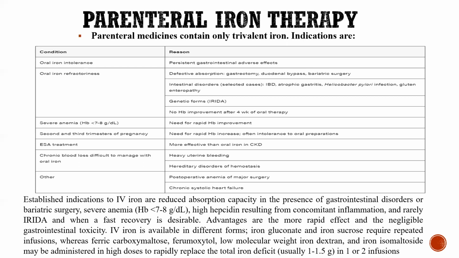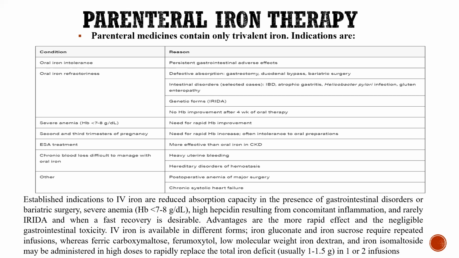Established indications for intravenous iron are reduced absorption capacity in the presence of gastrointestinal disorders and bariatric surgery, severe anemia, high hepcidin resulting from concomitant inflammation, and when a fast recovery is desirable. The advantages are more rapid effects and negligible gastrointestinal toxicity.